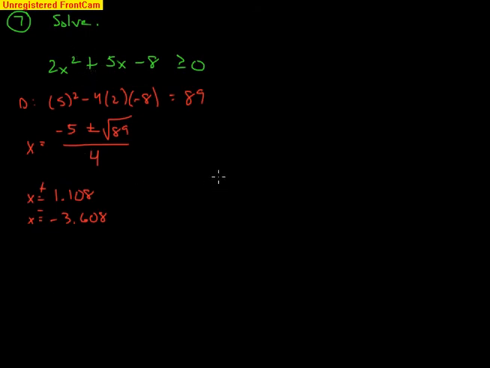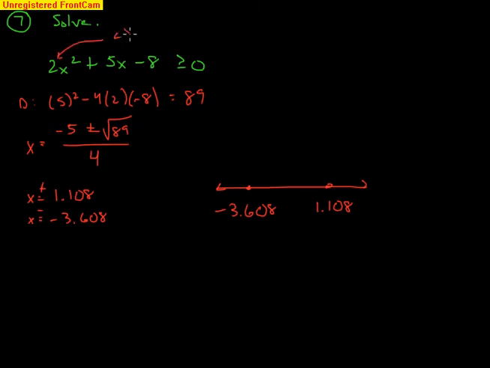So now what I'm going to do is I'm going to create a number line over here. That's a pretty straight line. Our dots are going to be solid because of the equal to. So I'm going to put a dot at -3.608 and a dot at 1.108. And now I'm going to ask myself, which way does this parabola open?